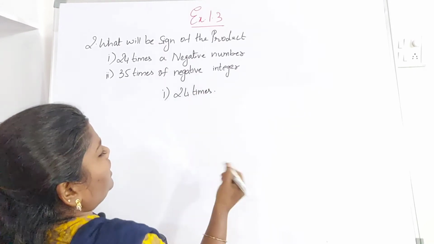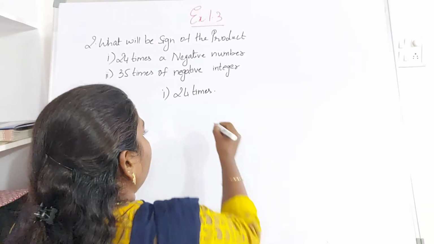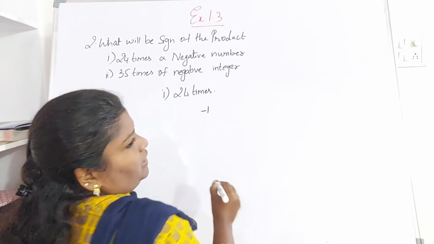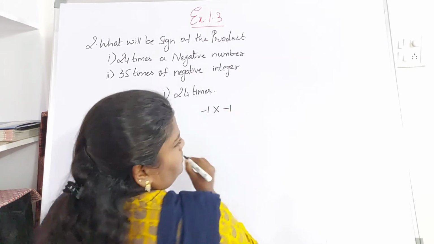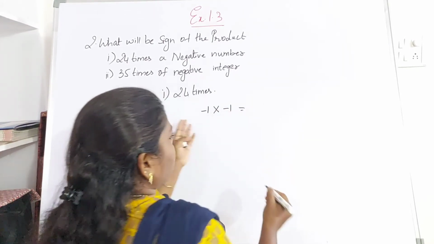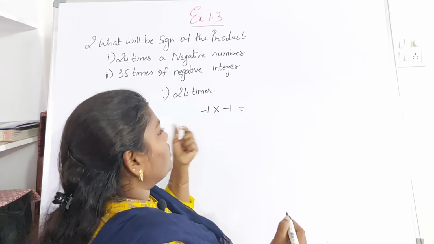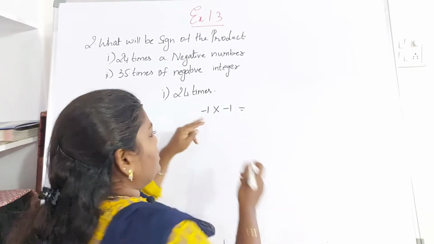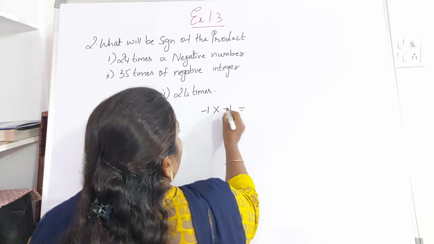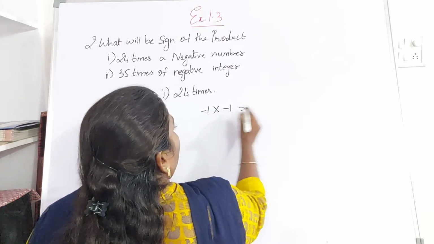So let us take minus 1. So this minus 1 I am multiplying 2 times. Whenever we have to multiply integers like this, what we have to do? We have to multiply the numbers and then the signs also. So here minus 1 into 1, 1 into 1 is 1.